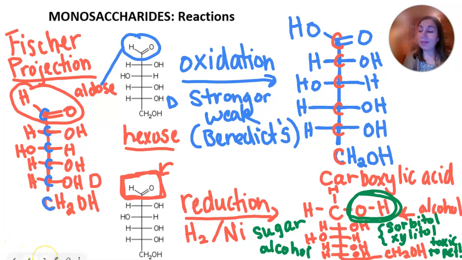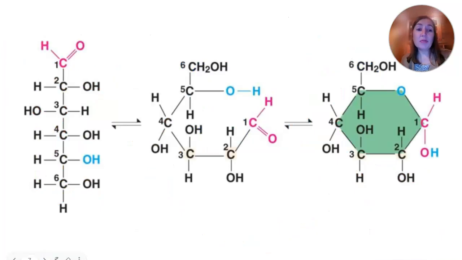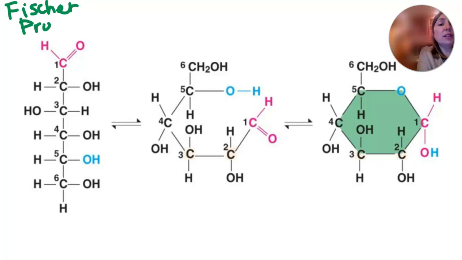It's kind of interesting. Okay, now we want to look at what can happen with our Fischer projection. So our alcohols are only in these straight chain Fischer projections when they're in a solid form, what's referred to as a dry form.